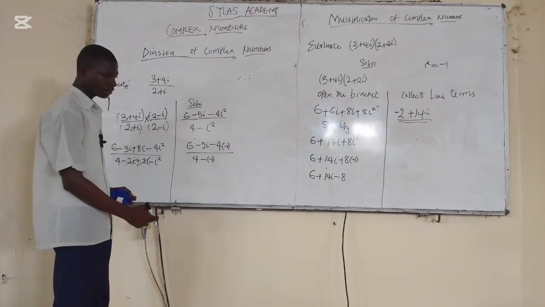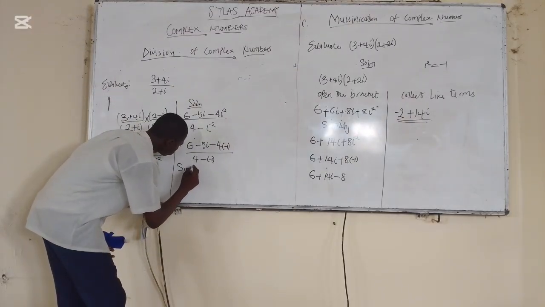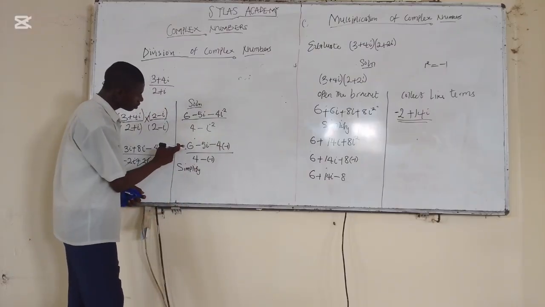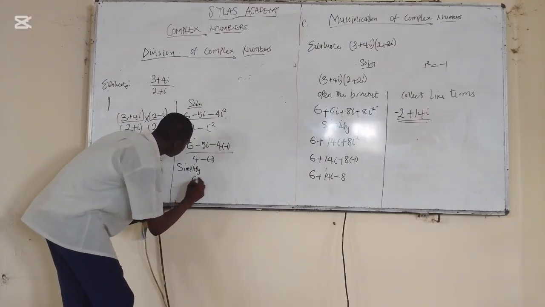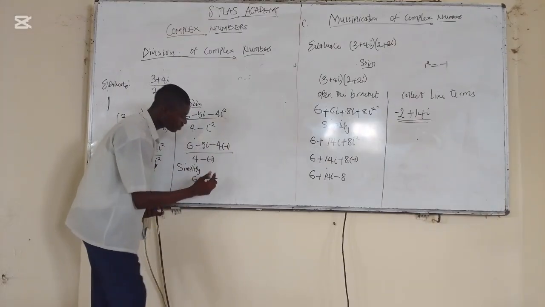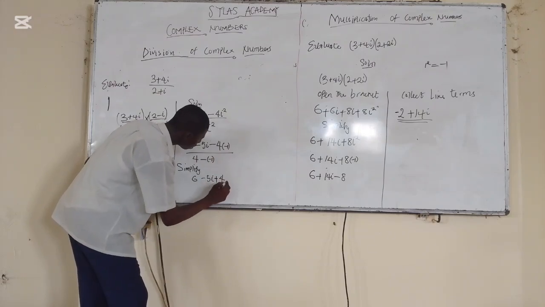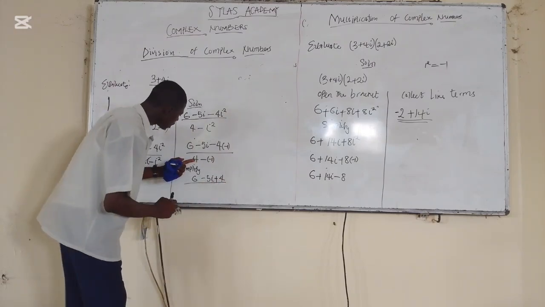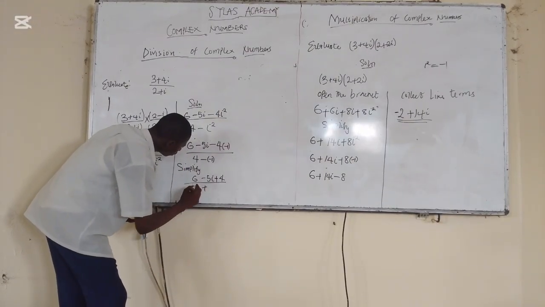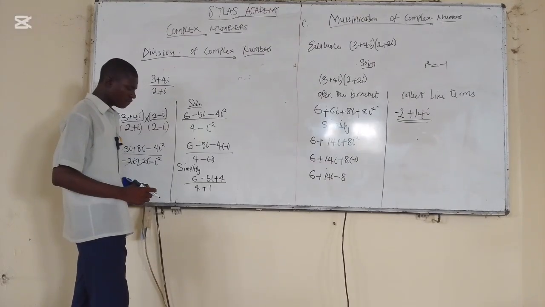Now let's simplify. 6 plus 5i, and minus times minus gives you plus, so 4 times 1 gives you 4. All over, minus times minus gives you plus, so 4 and 1. Are you following now?